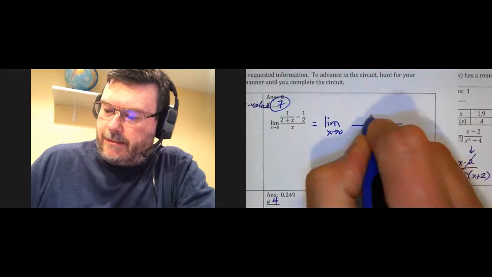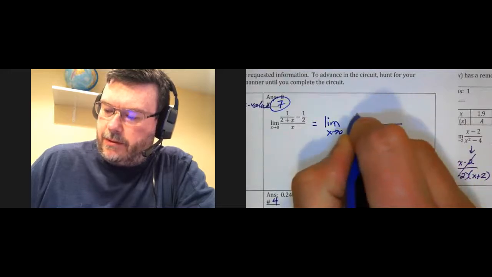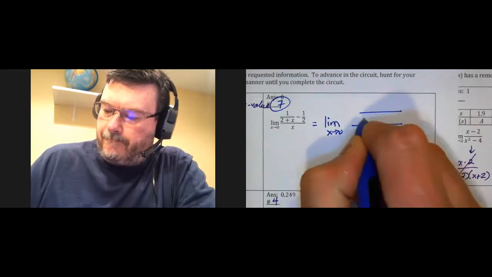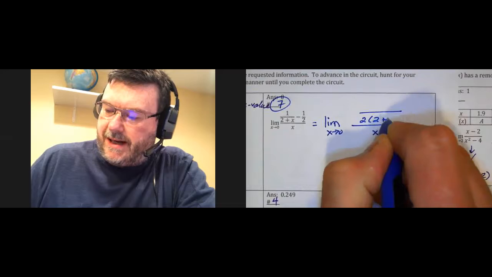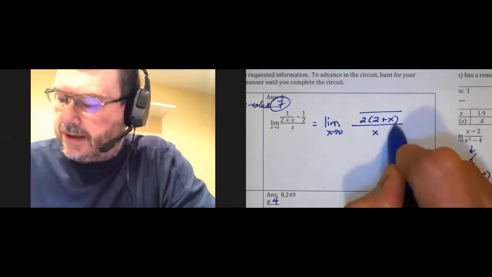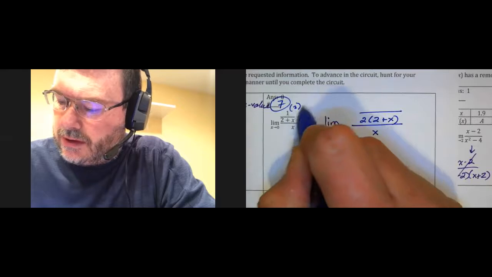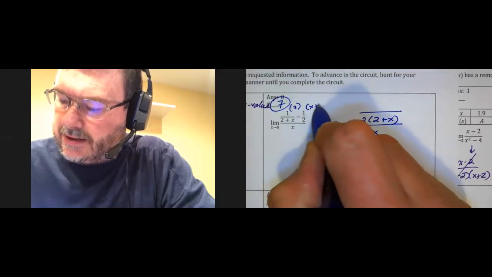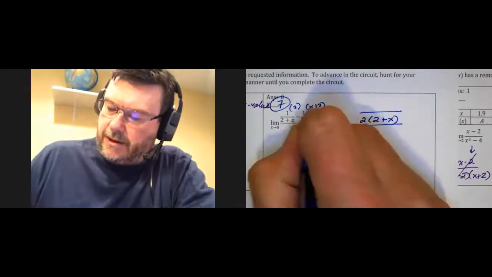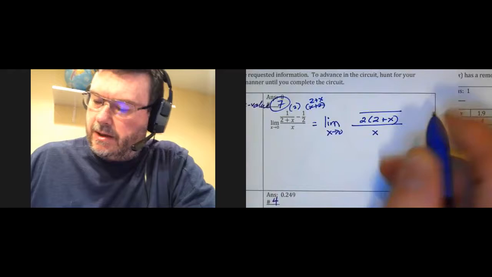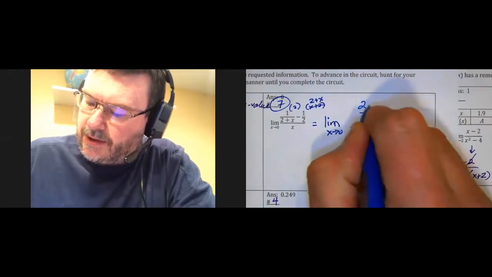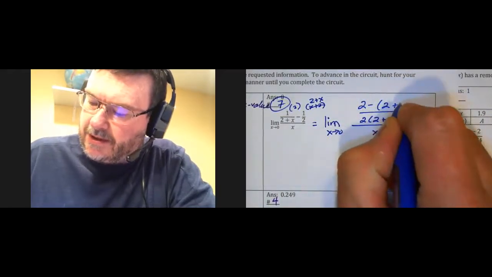The common denominator of the top is 2 times 2 plus x. So I am going to multiply this one by 2, and multiply this one by 2 plus x. And that's going to give 2 minus 2 plus x.